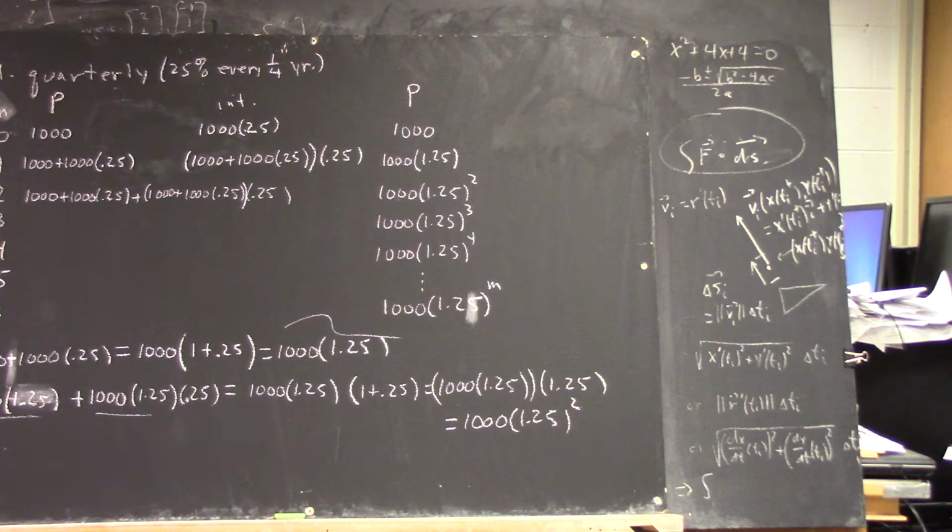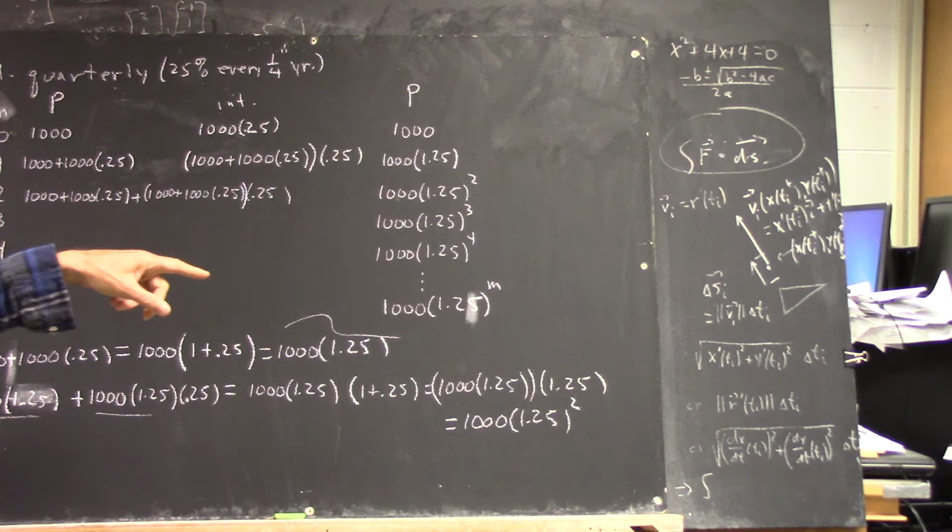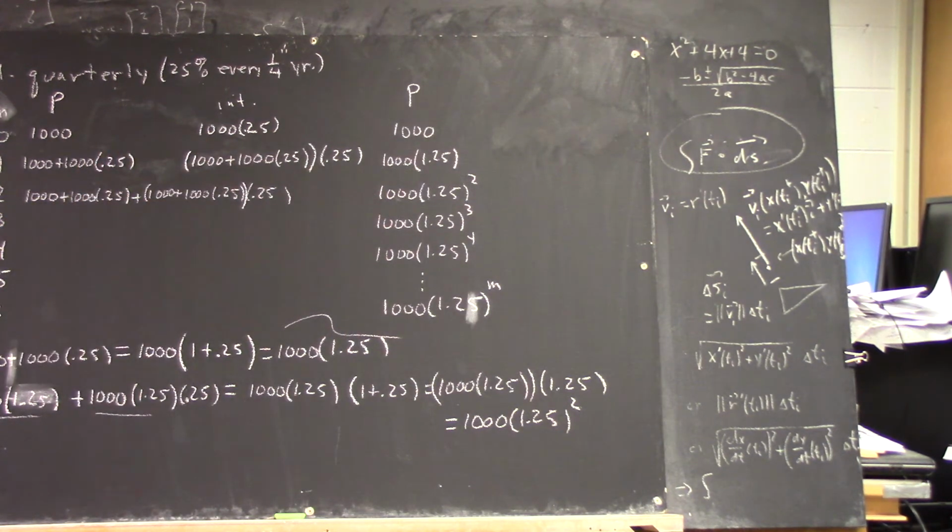You would have multiplied by 4. M is 4 times t, right? If I multiply 1/4 by 4, what do I get? 1. If I multiply 1/2 by 4, what do I get? 2. 3/4 by 4? 3. Great. Okay, so m is just 4t.